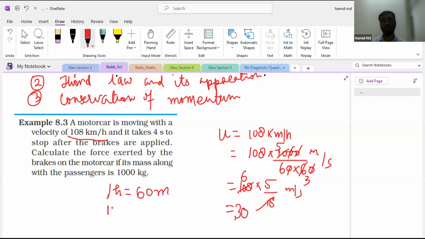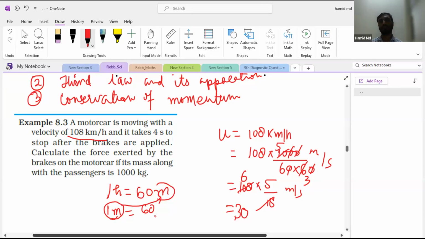In 1 minute, how many seconds do we have? 60 seconds. Okay, so this is minute, so substitute this quantity here. We are changing into second, not into minute.